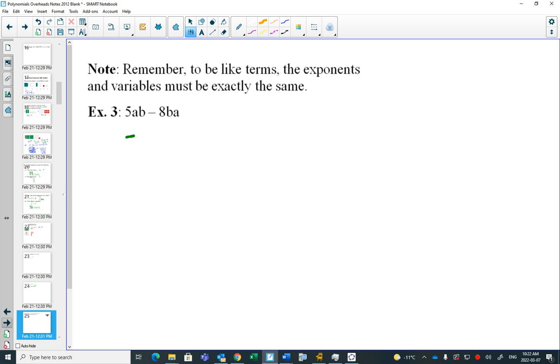Because technically, when multiplying the order doesn't matter, so I could write BA times AB. They are like terms. I'm going to underline them so I tell myself, in a different color or highlight them. And then the mathematics, once you recognize something as like terms, is as simple as adding and subtracting regular numbers.